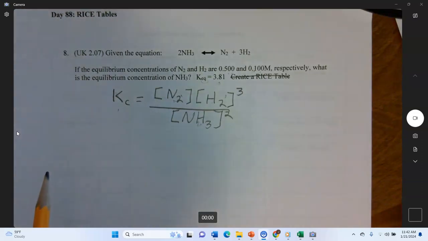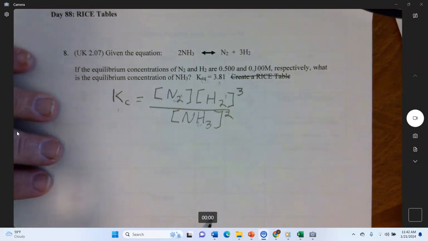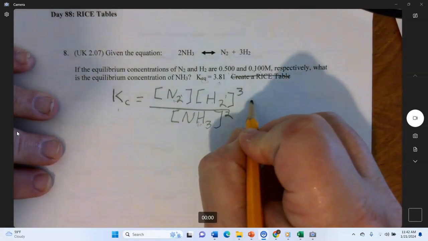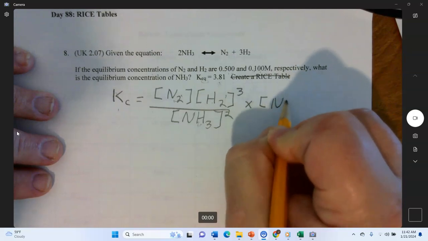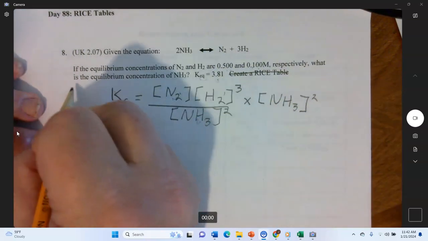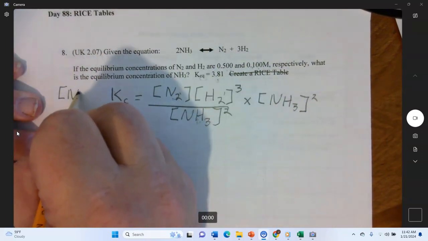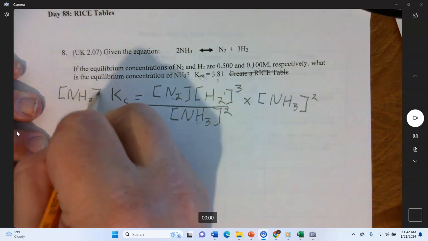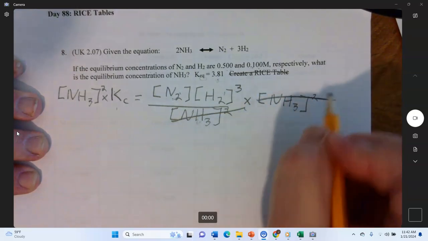Let's do the algebra first, and then we'll plug in the numbers. So the algebra here would be to multiply both sides by NH3 squared. Cancels over here.